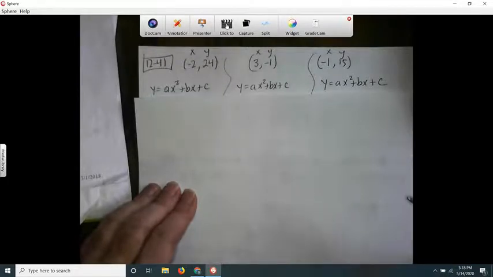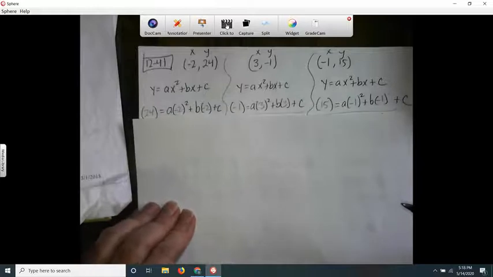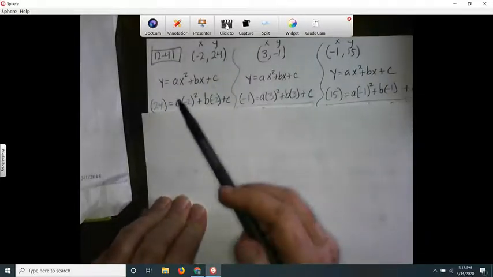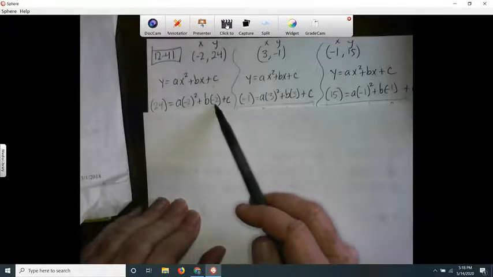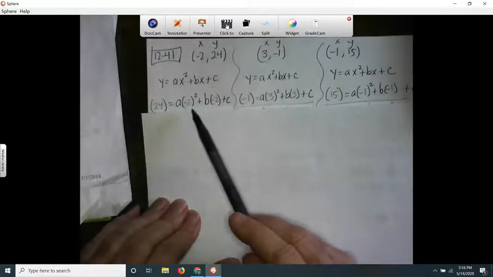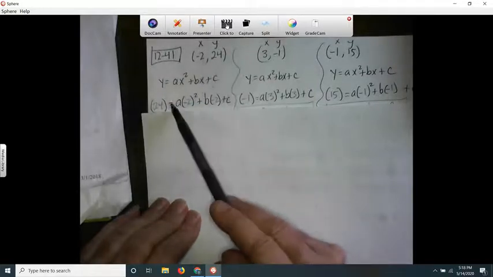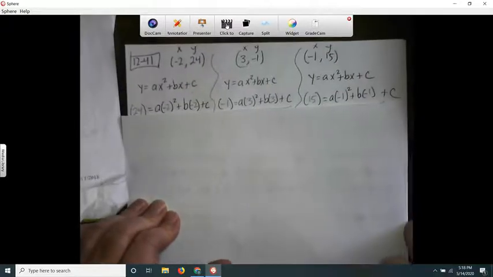Okay, I know this looks bad, but all I've done here is make a blank spot for y and little parentheses for x, and I plugged the x's in where the x's go and the y's in where the y's go. That's the same exact thing I did here and here.